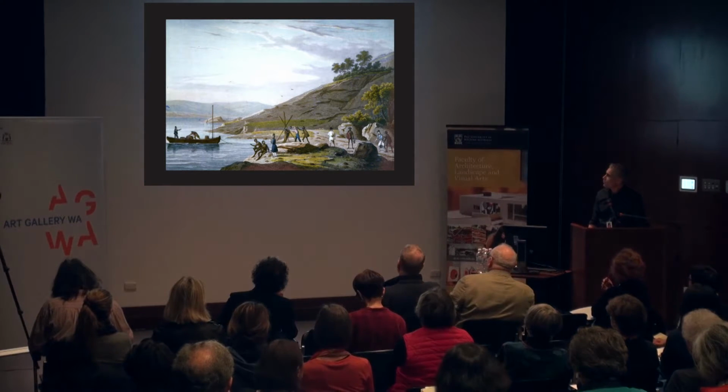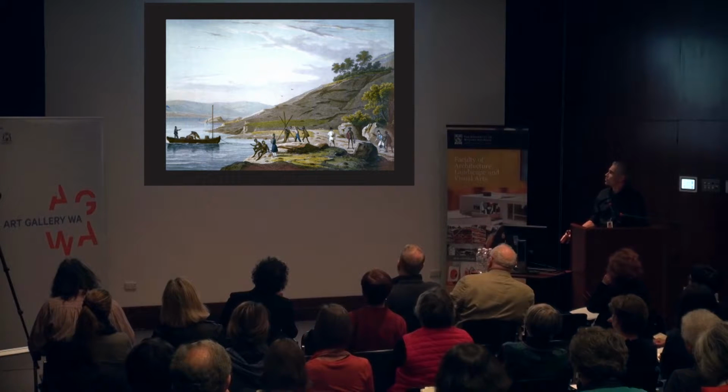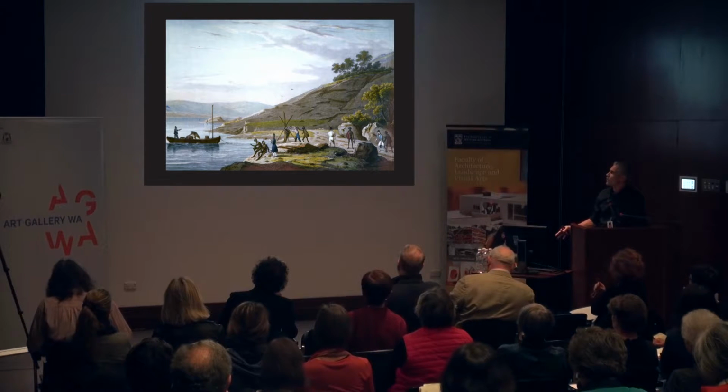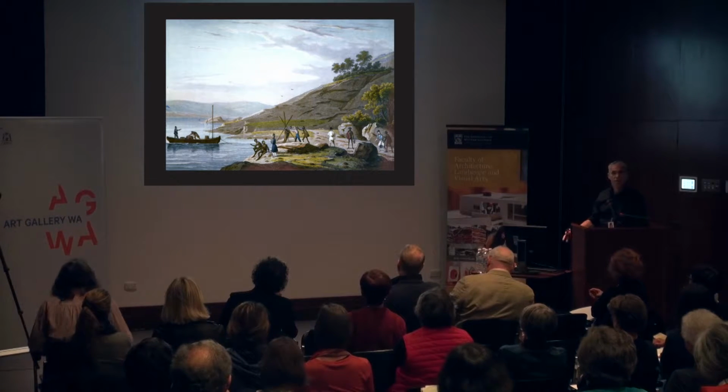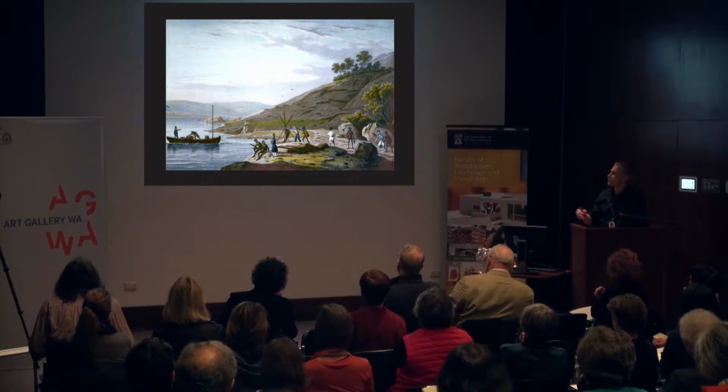And this is another image that shows Minang people cooperating with the people from the Astrolabe, taking fresh water from a freshwater spring into a canvas funnel, and then funneling it into barrels for the longboat to take back to the ship.